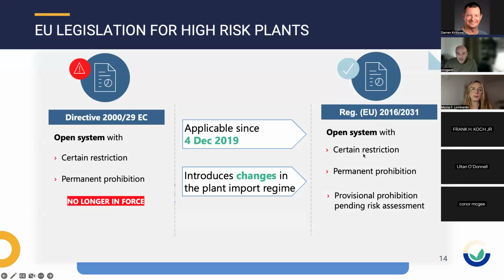The new system still has certain restrictions for the import of some goods. Still there are some permanent prohibitions, but there is a new category: the provisional prohibition pending risk assessment. So this is the most important change that has been introduced in relation to commodity risk assessment.